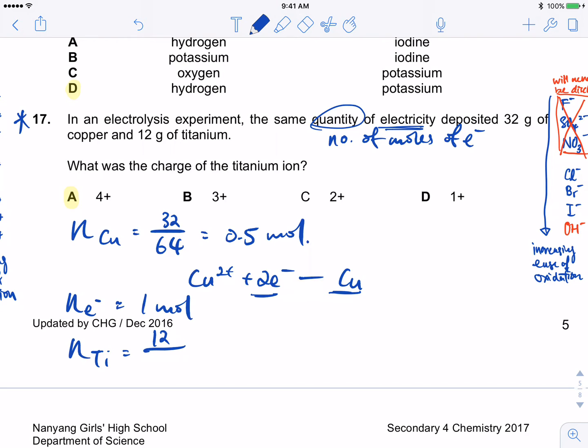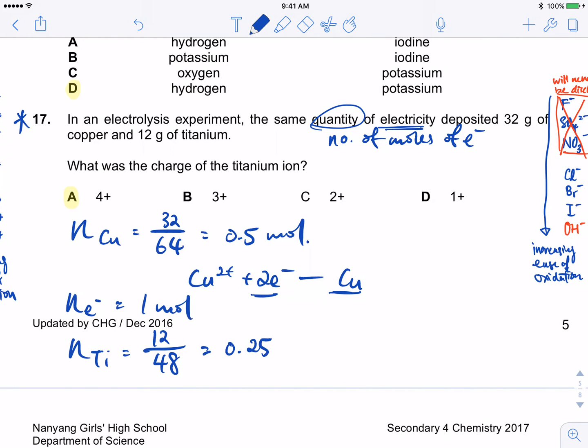Where's titanium? Okay, found it. Okay, so it's 48. Divided by 48, I have 0.25, right? Yeah.